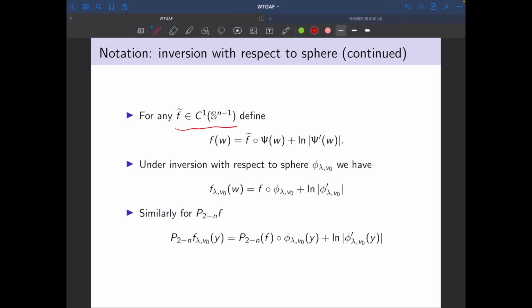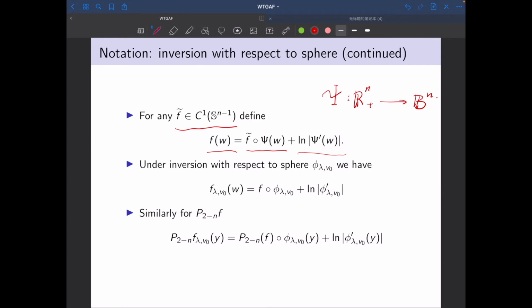Then we define a function on the upper half space, which is f composed with psi, where psi is the conformal transformation between the upper half space and the unit ball that we defined before, adding the natural log of the conformal factor of psi.